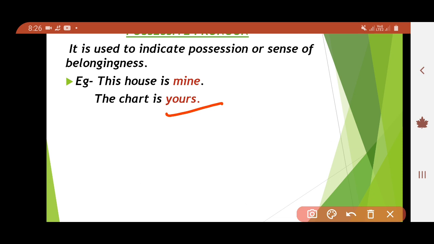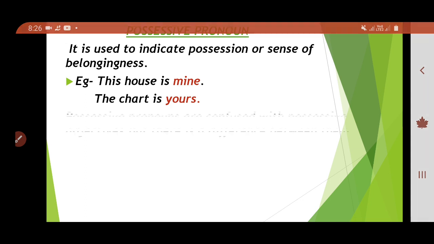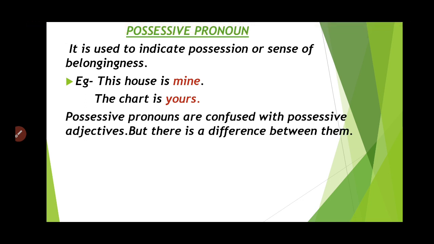That means whose chart is it? It is your chart. So we have to write that the chart is yours. So yours here is the possessive pronoun. So what is possessive pronoun, students? It is such a pronoun which is used to indicate possession or sense of belongingness.